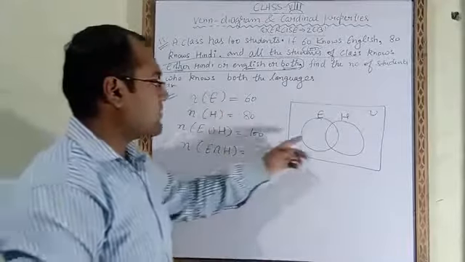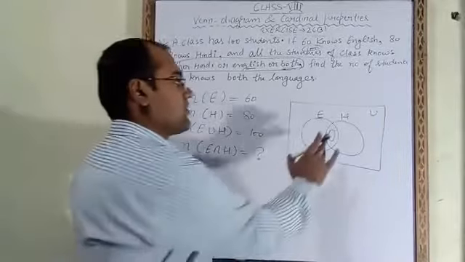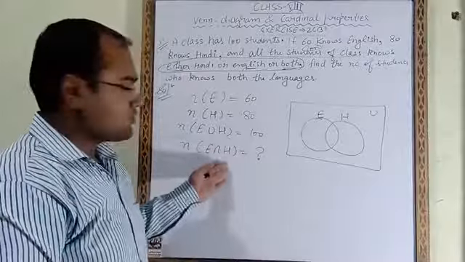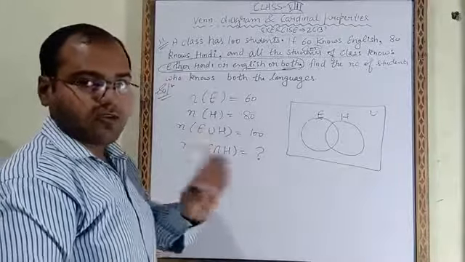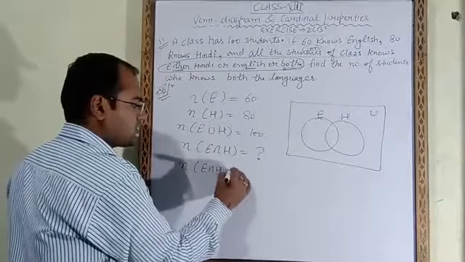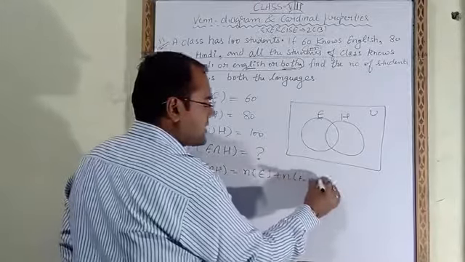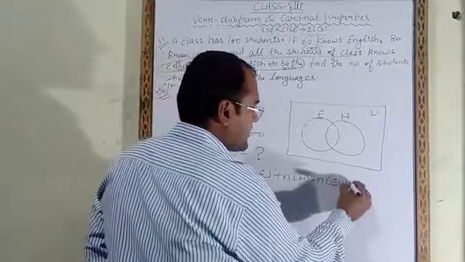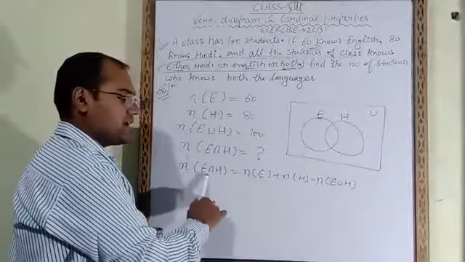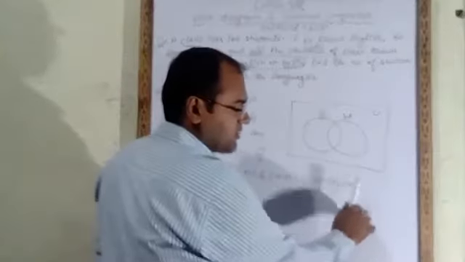Until we fill the intersection part, we will not be able to solve this question, but we don't know the intersection. So we use the formula: n(E intersection H) is equal to n(E) plus n(H) minus n(E union H). This is the n(A intersection B) formula: n(A) plus n(B) minus n(A union B).